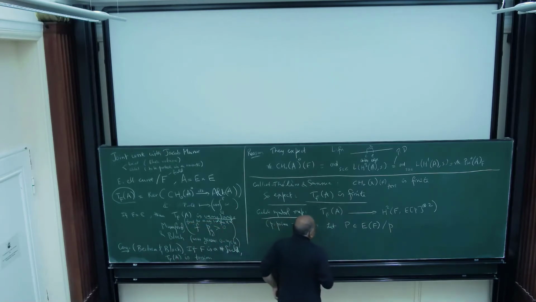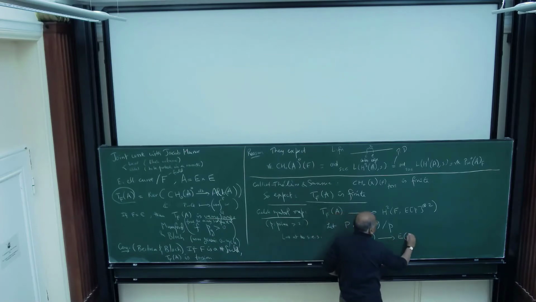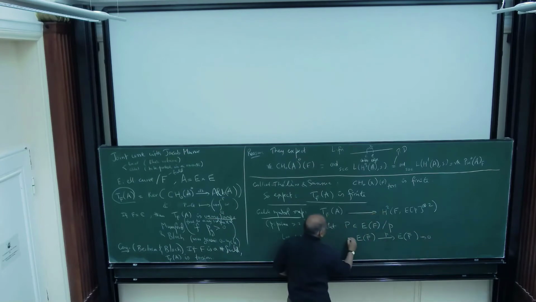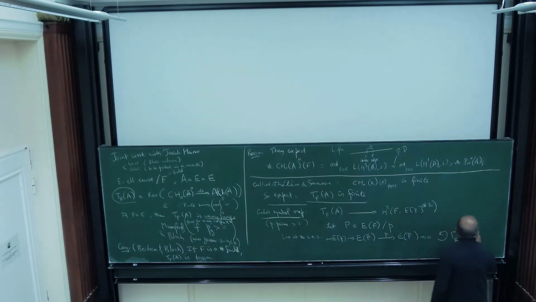Then you can look at the short exact sequence where E of F bar goes to E of F bar by multiplication by P, which is divisible over F bar, and then you get the kernel E of P here. This is a short exact sequence of Galois modules, so I write gamma F for the Galois group.